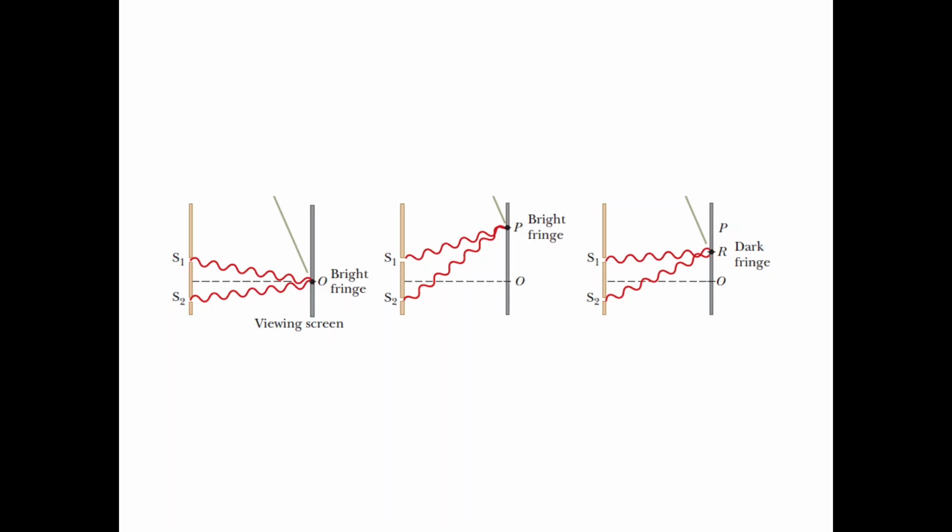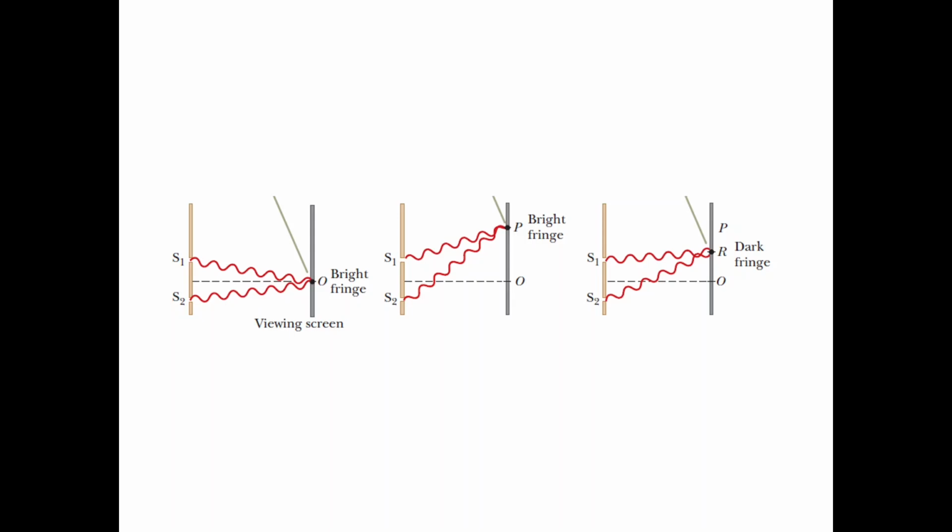So the first condition is when the difference in the path which these waves are traveling is equal to an integer number of wavelengths. If we can divide this difference in traveling distance into an integer number of wavelengths, then the waves will approach this point P in the same phase, because a wave is a periodic process.